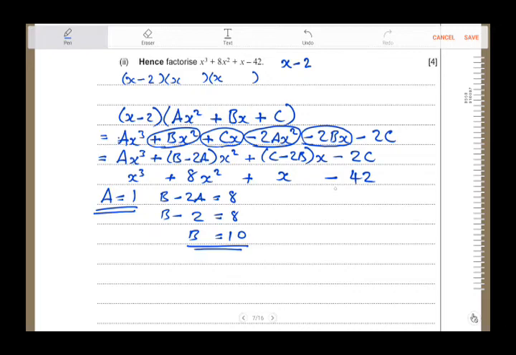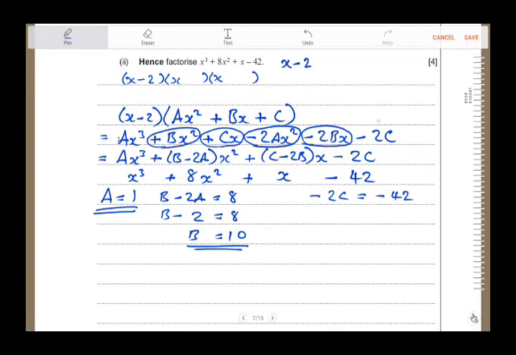So we have b. Now c: we could use c minus 2b, because you know what b is, and we could do a similar thing there and work out c, but the easiest way is to look at the constant term. Minus 2c equals minus 42.